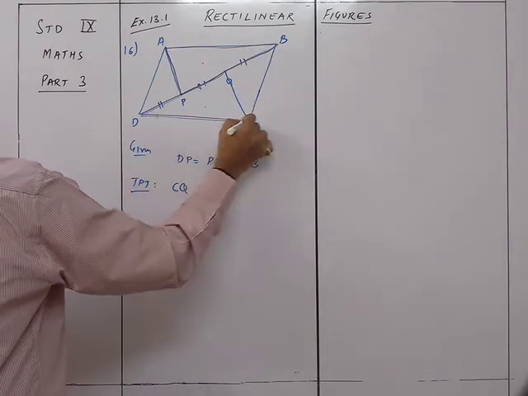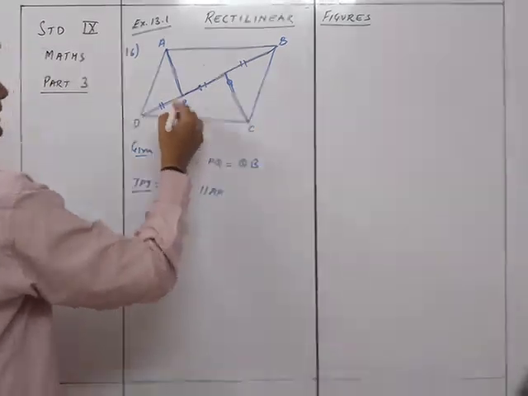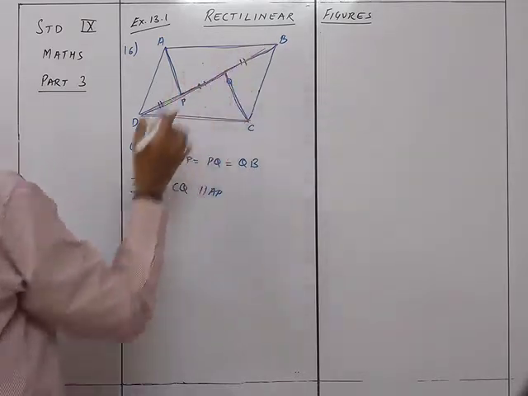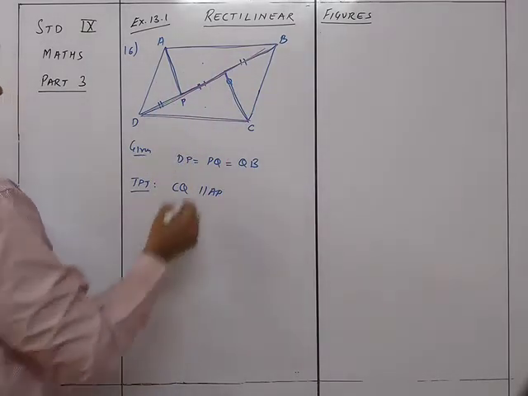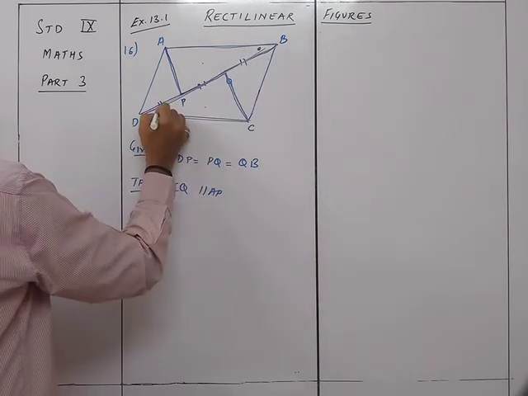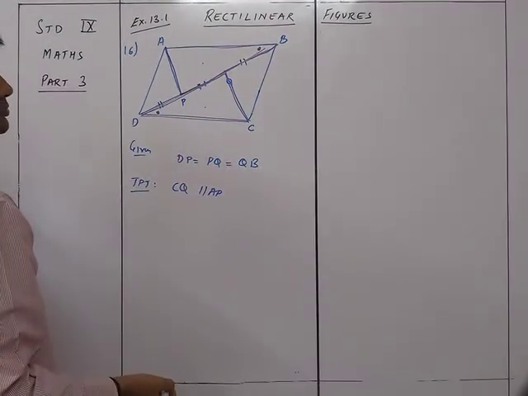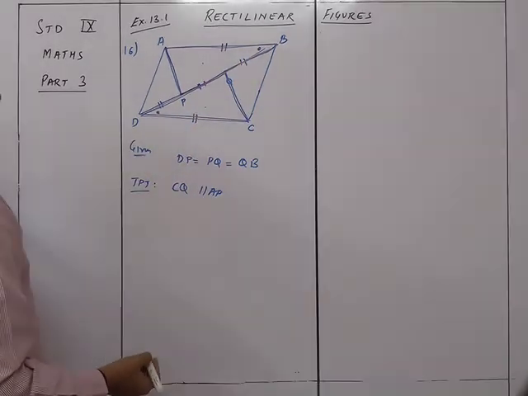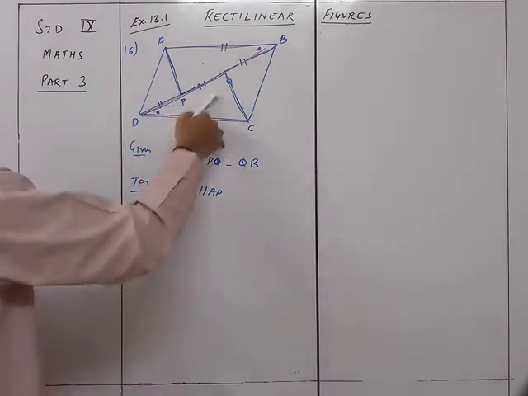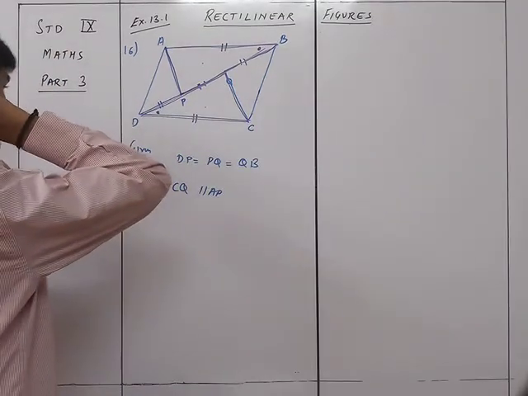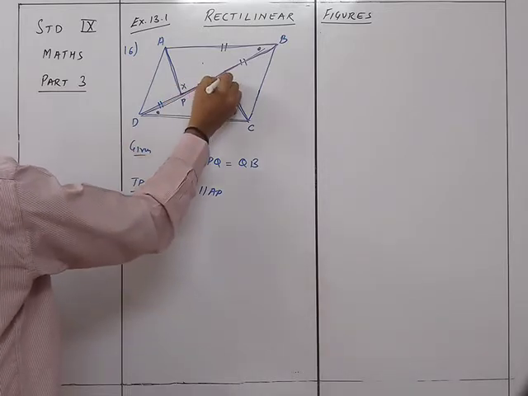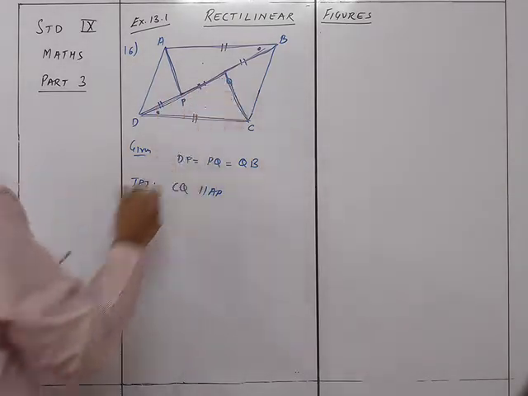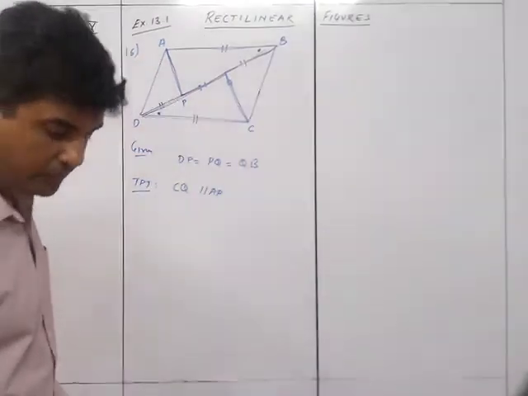I know over here that this is equal to this because these are two equal parts. This angle is equal to this angle, Z formation, and this side is equal to this side, opposite sides. So by SAS test both are congruent. If both are congruent, then automatically this angle over here will be equal to this angle over here. If these two angles are equal, then they will be parallel. Okay, simple. So let's write it down.